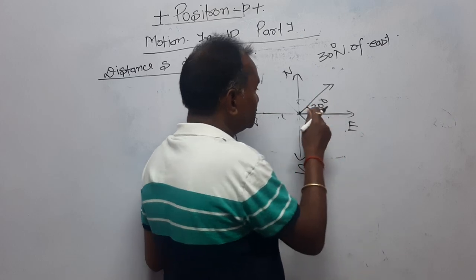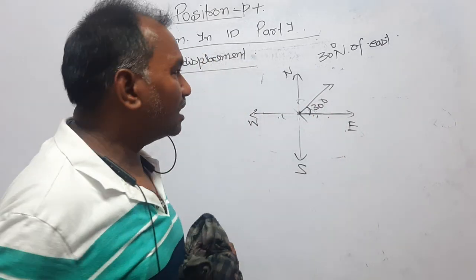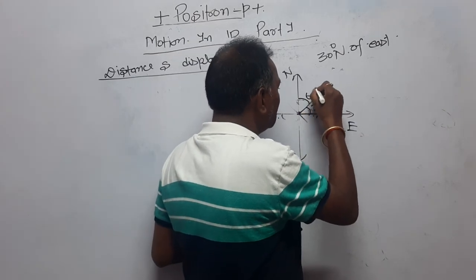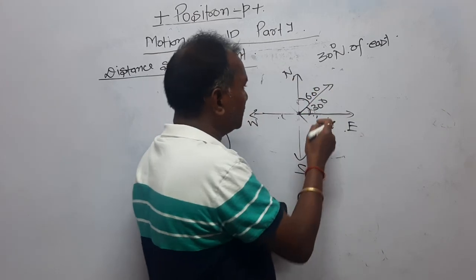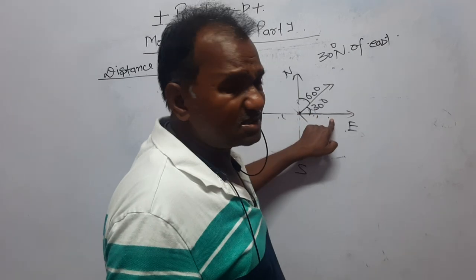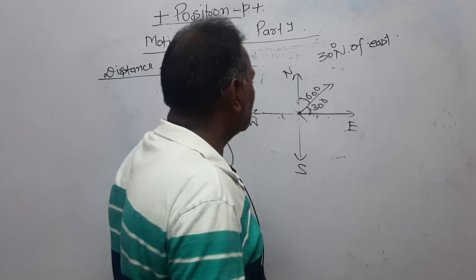This is 30 degree north of east, right? Also it can be said 60 degree east of north. Either you say 30 degree north of east or 60 degree east of north, right?